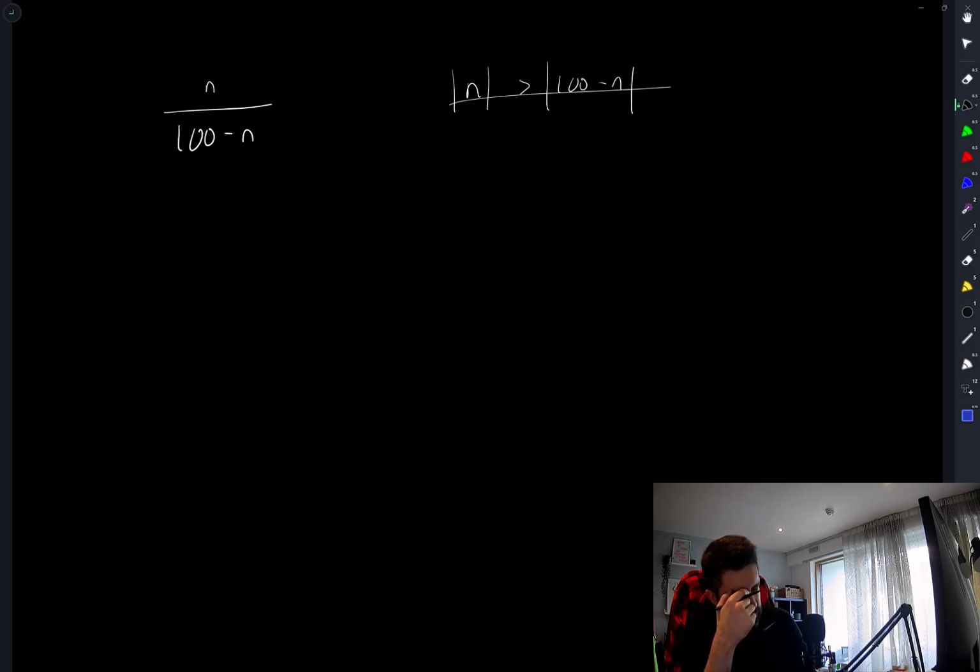I mean, if I think of very large values of n, in fact, I want to think about what happens when n is approximately 100. If n is 101, like n equals 200 works.